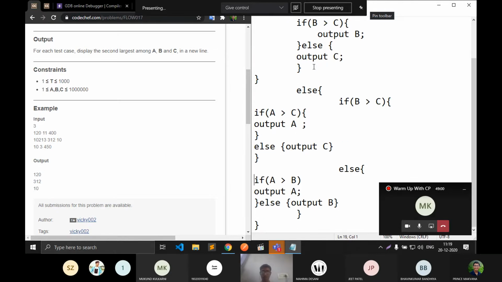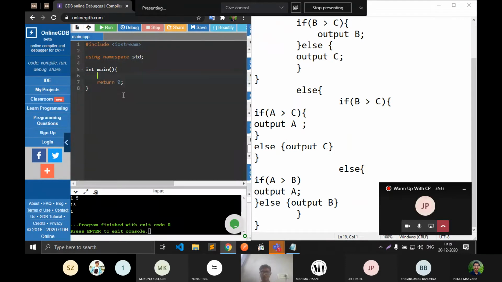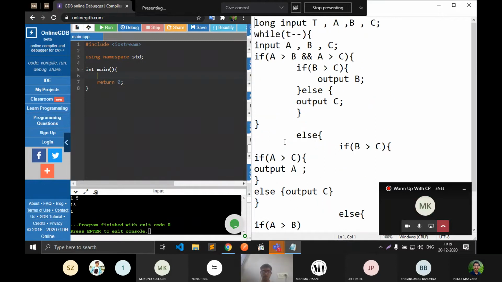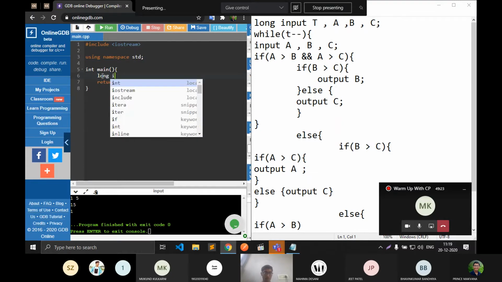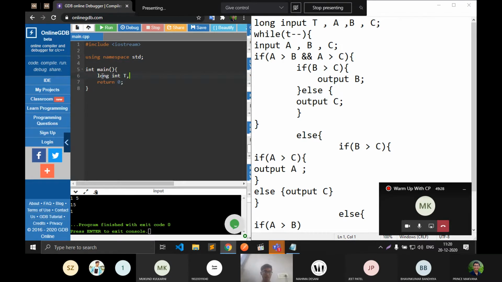So it is our code and we have to write it in C++. Let's write it. This is my format of C++. First of all, declare t, the test case, then a, b, c.